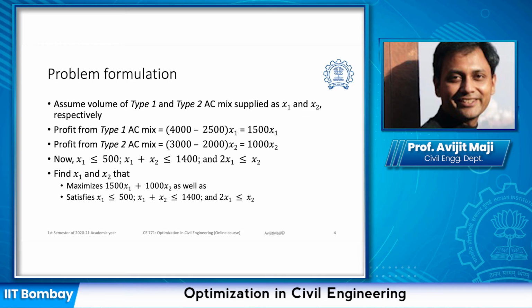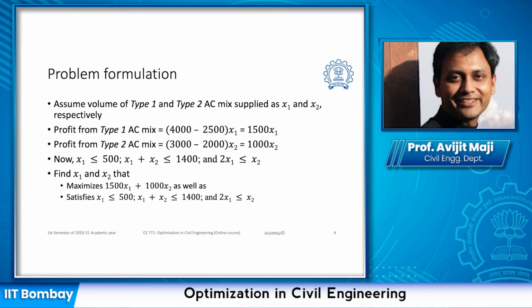We get the difference as 1500 rupees per meter cube, and we are supplying x1 meter cube. So the total profit for asphalt concrete mix 1 is going to be 1500 times x1 rupees. Similarly, the profit for type 2 asphalt concrete mix is going to be 1000 x2 rupees.